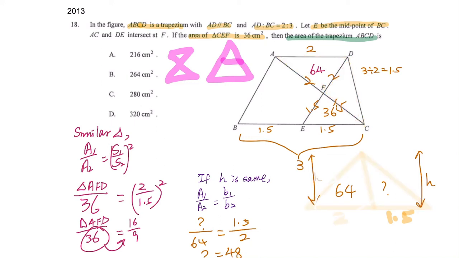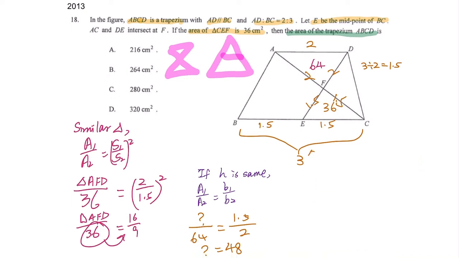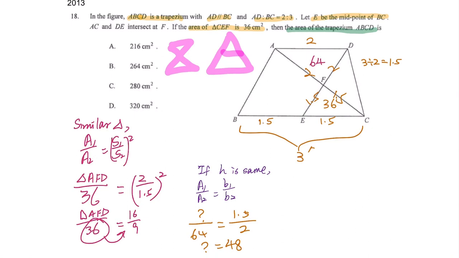Then let me just erase this part because of the limited space. Of course I can move to the downside, but it's better here. And next step is, we already know 48 here, 64 there, and 36 here. But how about this thing? This isn't a shape that we usually use. So what we do is draw a line. See, and we did not use this information yet, right?